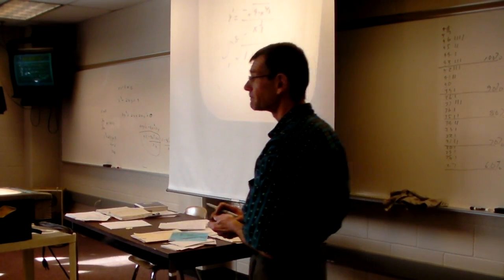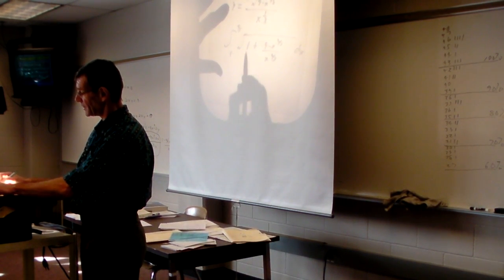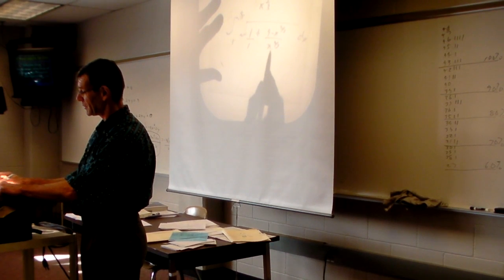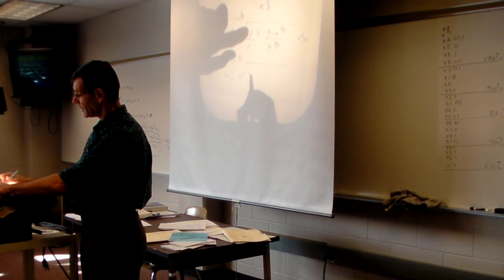Okay? dx. All right, what do you do when you add fractions? Get a common denominator. What's the common denominator? x to the 2/3. So this now becomes x to the 2/3 plus 9 minus x to the 2/3, all over x to the 2/3.